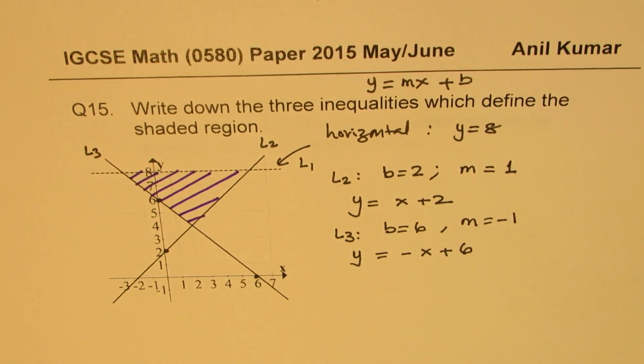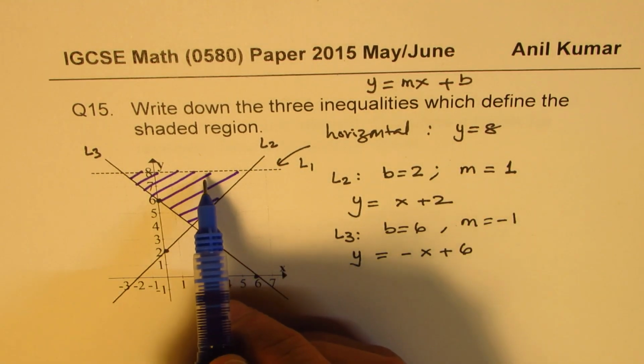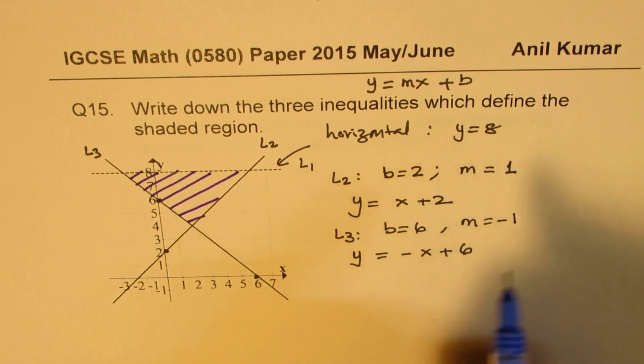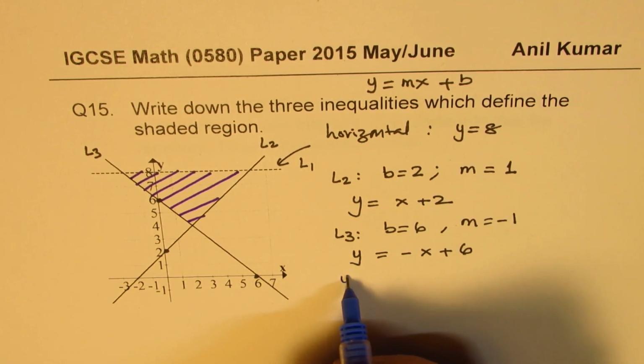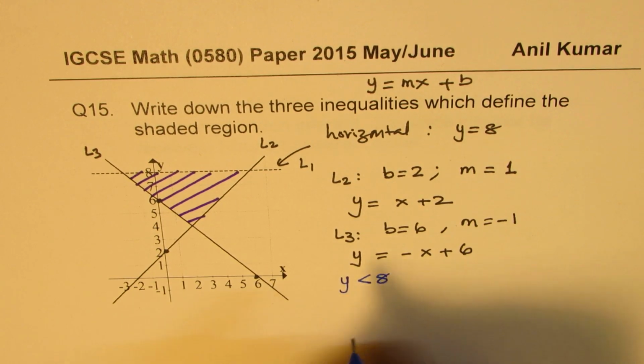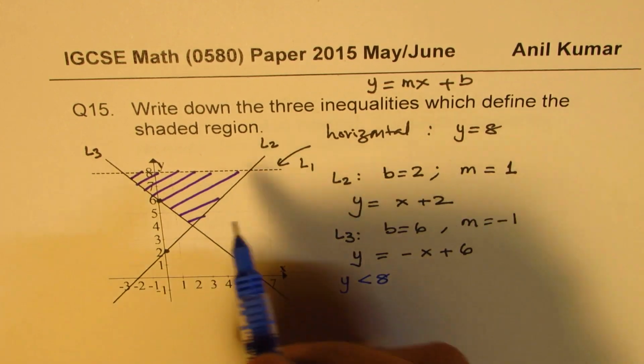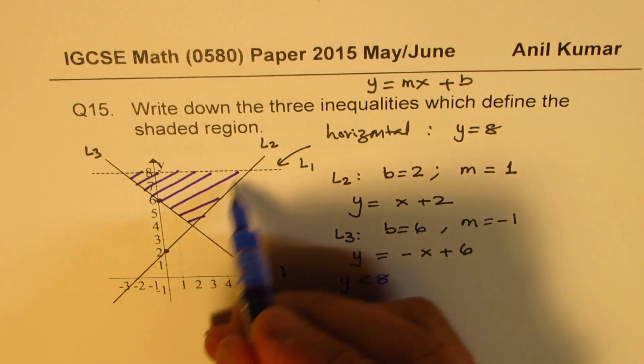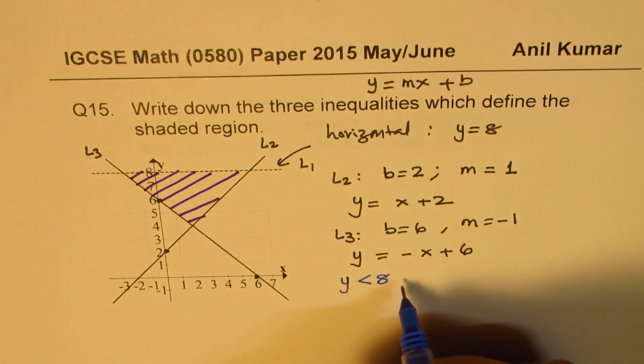Now we need to write the inequalities. The first inequality we'll write as y is less than 8, so we come below this line. Now it is above these two lines on the right side. You can very easily see.